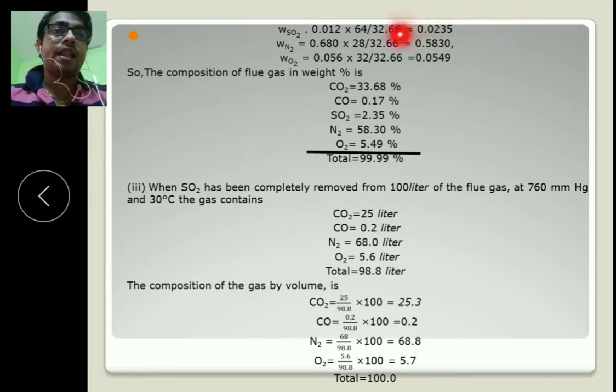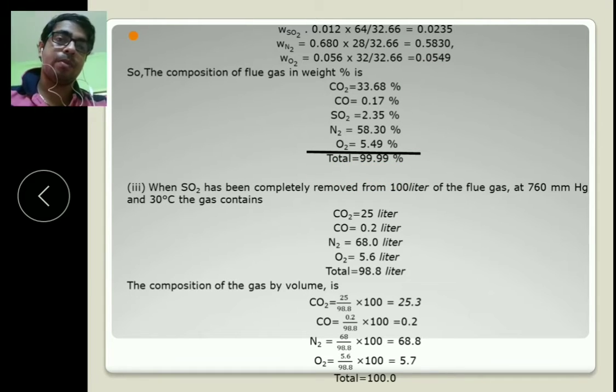And that is in fraction. In percentage, you have to multiply by 100, and the total is 99.99, so it is almost equal to 100, no problem.